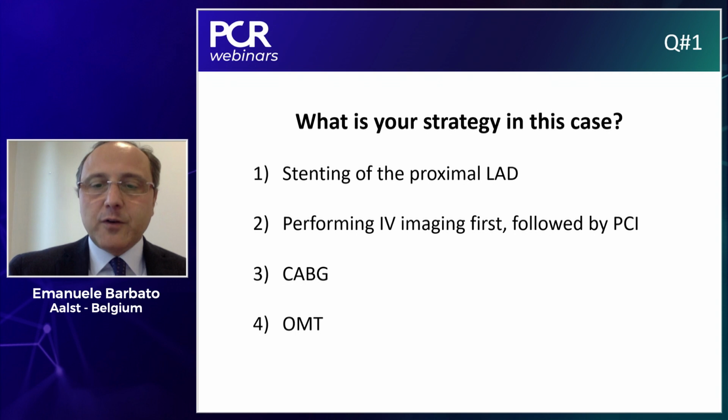Who would rather perform intravascular imaging first, possibly followed by percutaneous coronary intervention, depending on the result of the imaging? Option 2. Who would send this patient to surgeons? After all, it's a proximal LAD stenosis. And finally, who would go for optimal medical therapy in this case?